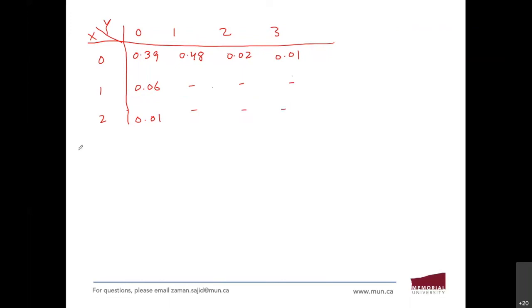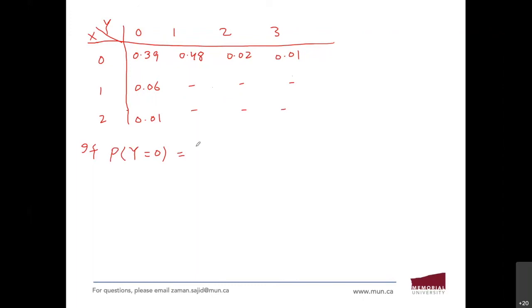Now, if you want to find the marginal probability of y, let's say at y equal to 0, what you need to do is take the joint probability values at y equal to 0 and all values of x. That's what I mentioned last time.